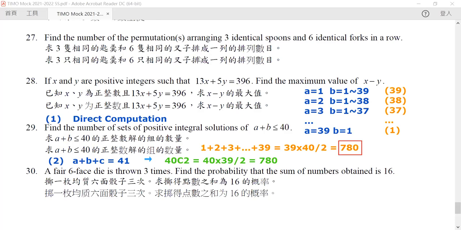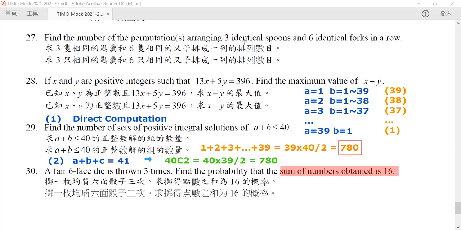Okay, so now let's go to our final question. A fair dice is thrown 3 times. Find the probability that the sum of the numbers obtained is equal to 16. If you think about it, this question seems impossible until you realize that there are not many ways for you to throw a 16.